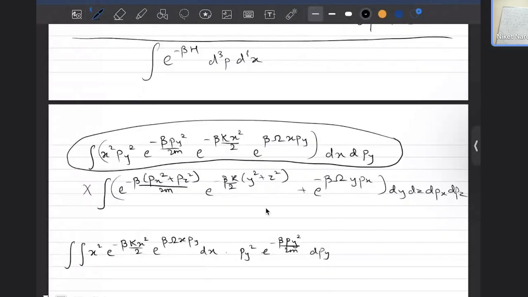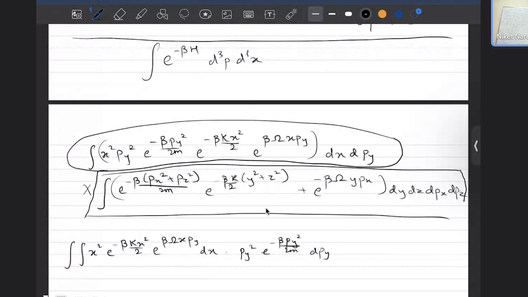First I'm evaluating only the x part, and this part I'm keeping separately as some I, which I have to evaluate eventually.